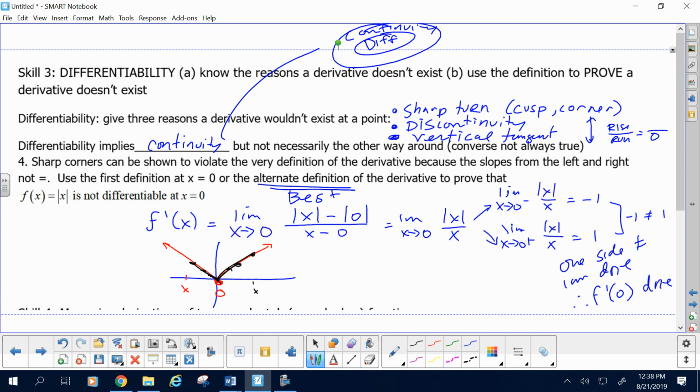Well, that's why it's a sharp turn. It's not because some math person said, well, I don't like sharp turns. There's a math reason for everything. In this case, when you have a sharp turn, you have an abrupt change from one slope to the other with not everything in between. The limit doesn't exist. It must be, write this down, must be locally linear.